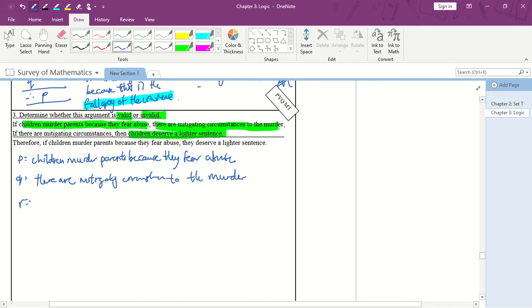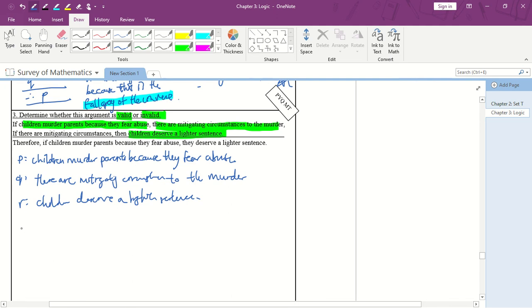And the last one, R, children deserve a lighter sentence. Okay, and now we have P, we have Q, we have R here, but what we are doing here is exactly the same thing.